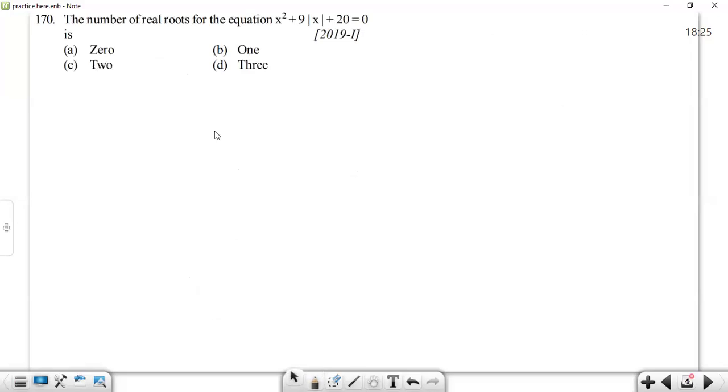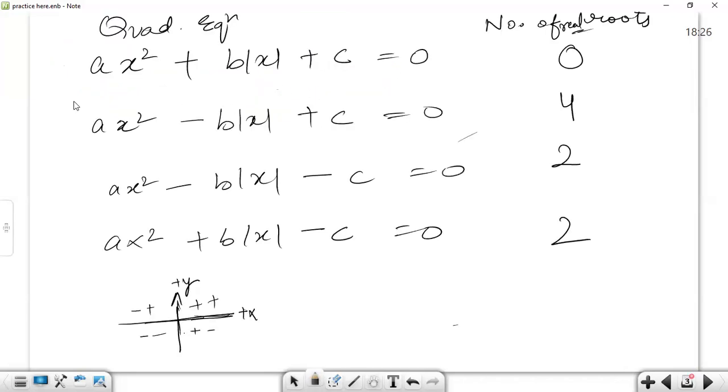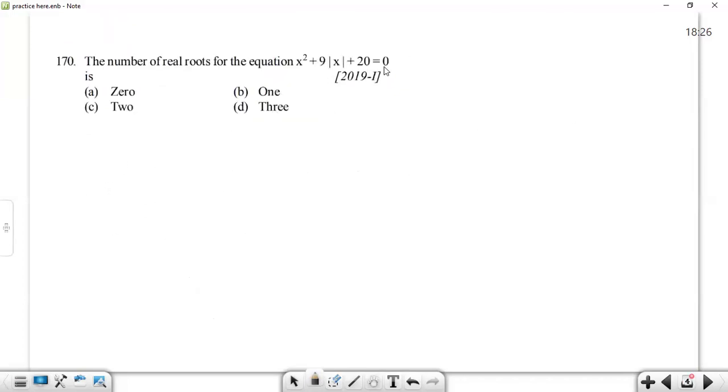Okay. Now the question, a previous year question, 2019 first NDA paper. The number of real roots for the equation. So this equation is in the format of the first or second or third, this one or this one. Positive, positive everywhere.